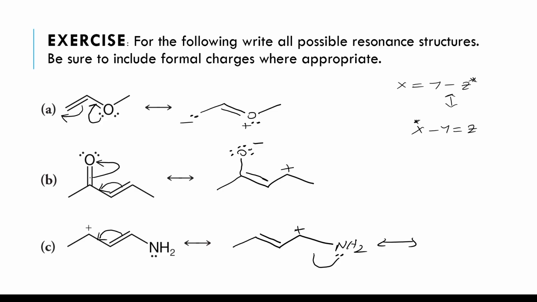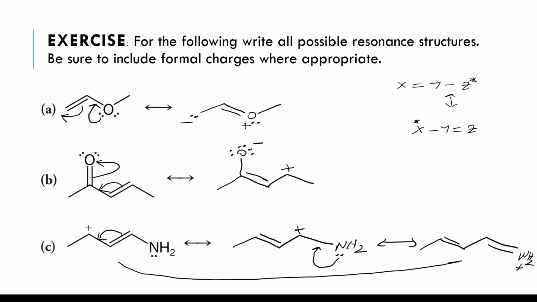So let's write again. I'm shifting this one here, and then the resulting structure will be a pi bond here, and H2. And what's going to happen, the nitrogen should have a positive formal charge. Instead of writing in two steps, actually, we can also write in one step, going from the first form to the last form, and I will use a different color for that one.